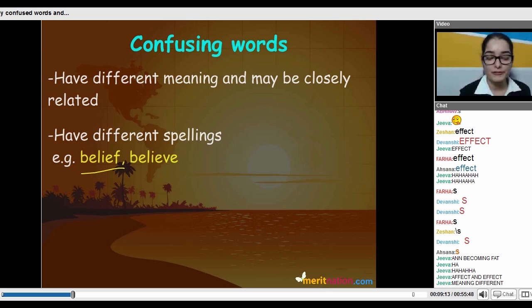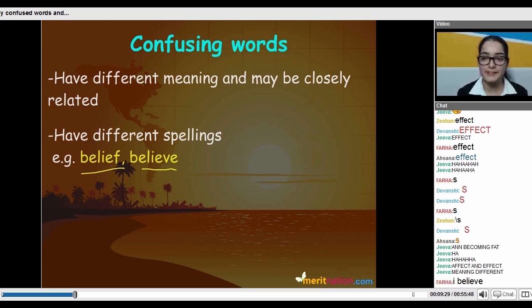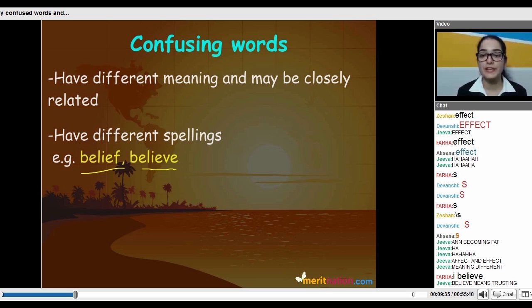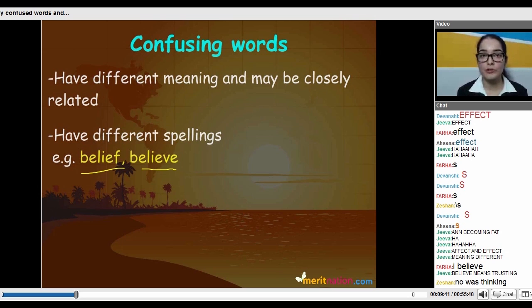Could you tell me the difference between belief and believe? Everybody is not responding to me. Are you finding it boring? You're not finding it interesting? What's wrong? I couldn't see your replies. Yes, Farah, I believe. Then what is the difference between belief and believe? Believe means trusting. Both of them mean trusting.